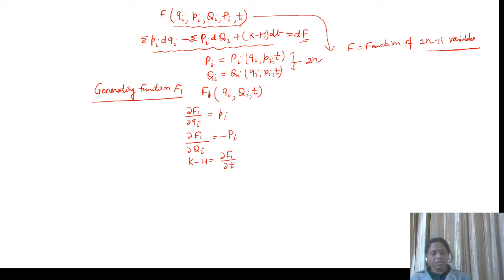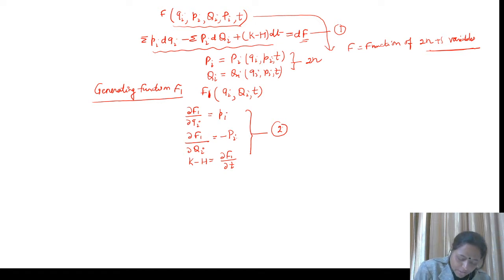These were the relations which we obtained from this relation of exactness, right? And from here we again found a relation called the Maxwell relation, or the condition for a transformation to be canonical.